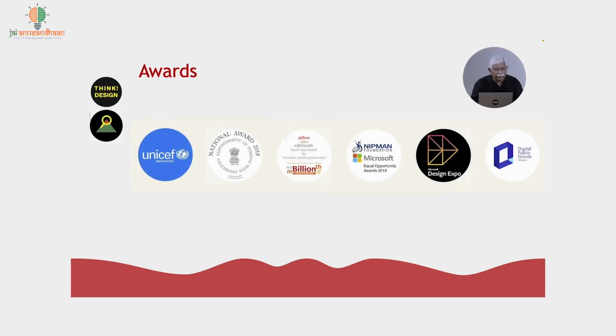We are very honored to win these awards. The UNICEF Innovation Award, which helped us prototype Jellow and bring it to the market. Very, very honored to win the national award from our president. The M-Billionth Award, the Nippon Microsoft Award, and the Microsoft Design Expo Award.